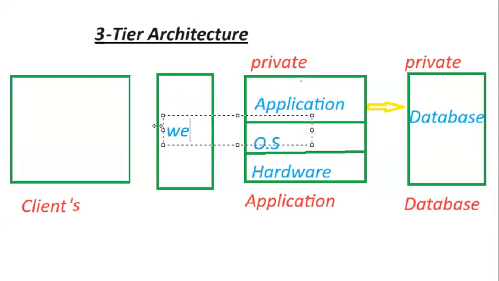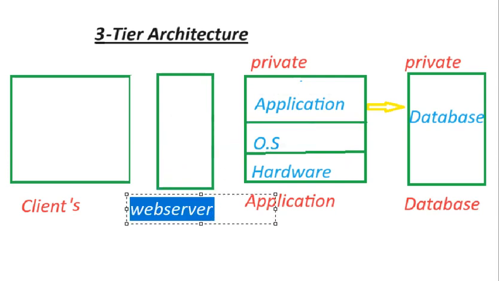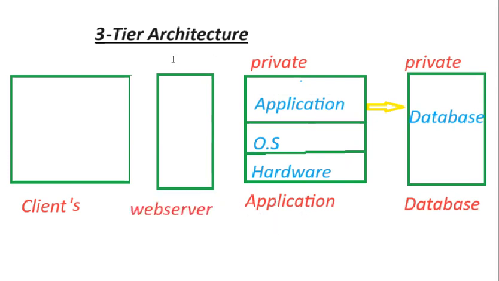That is the web server, which is responsible for communication between my client and my application layer. Now you can tell me, do I put my web server in public or private? I need to provide this web server in public only. Then only the client can communicate with this publicly hosted web server.